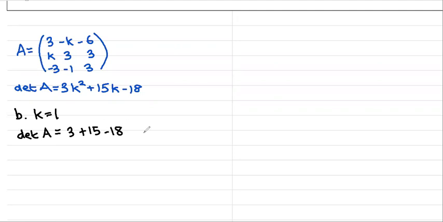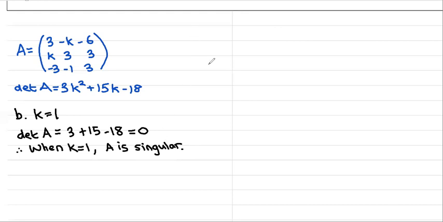Now you can see straight away this is going to give a determinant of 0. So in this situation, when k is equal to 1, A is singular, which means that we're not going to get a unique set of solutions this time. Let's see what we do get.